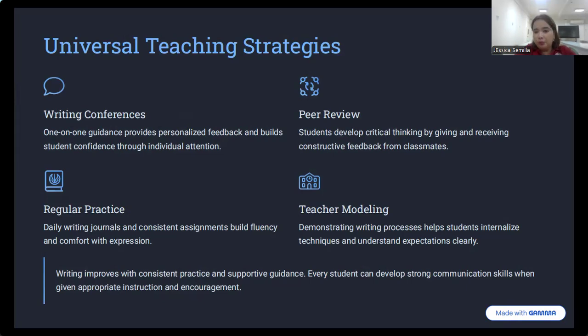So writing improves when it is consistently done always. So consistent practice is the key in terms of writing because every student can develop strong communication when they are given not only instruction, but experience of writing.